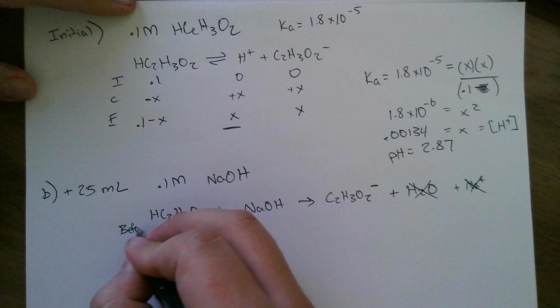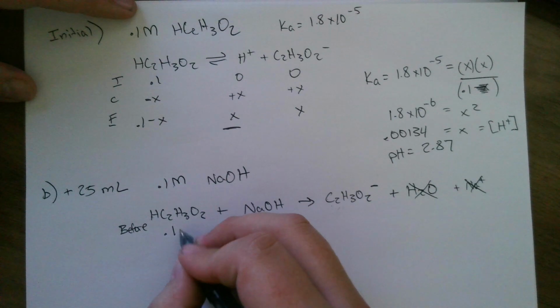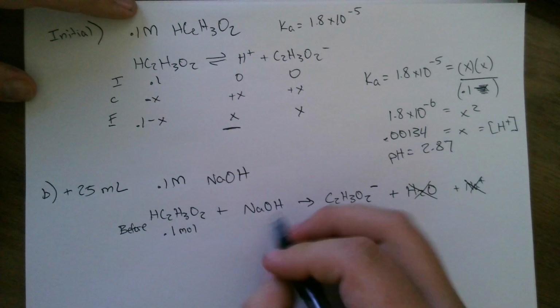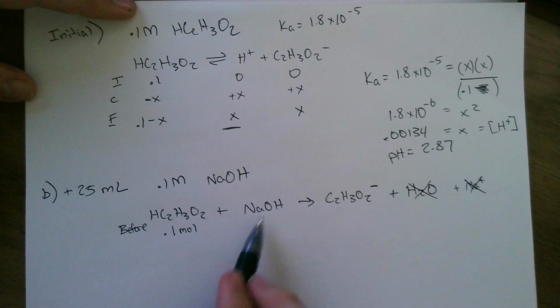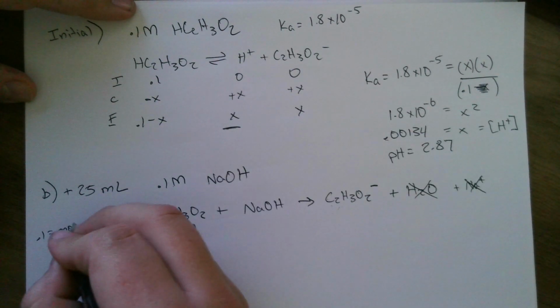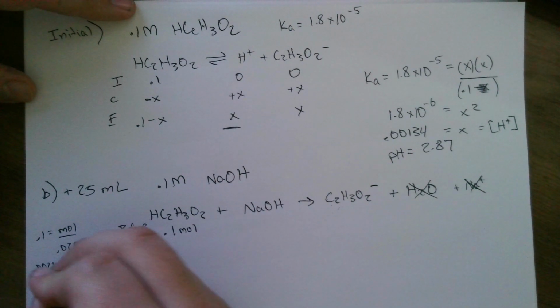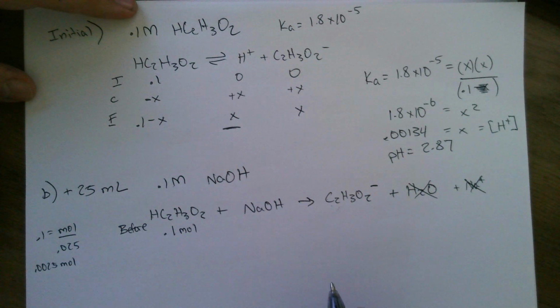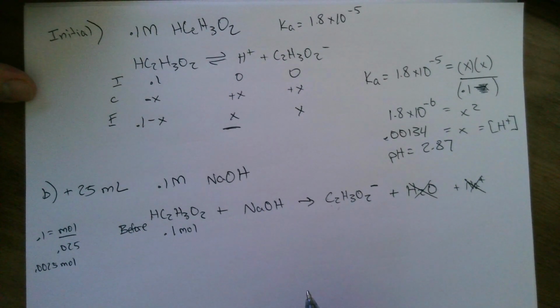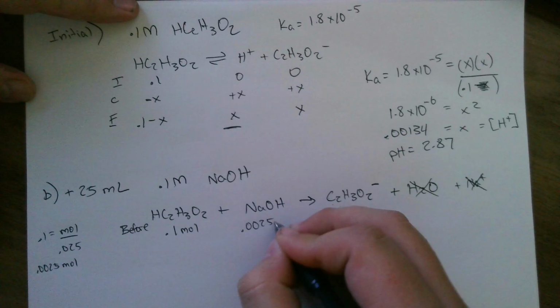So before any reaction happens, let's calculate how many moles of NaOH I have. 0.1 equals moles over 0.025. Okay, so I have 0.0025 moles of this.